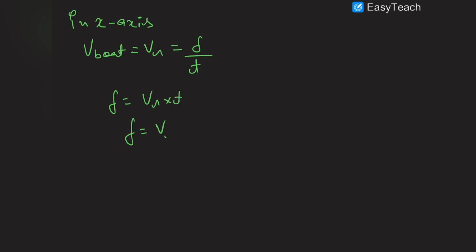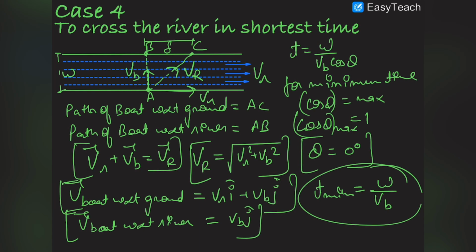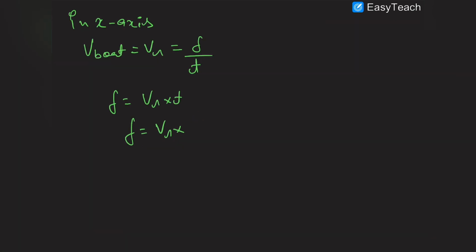So in the x-axis, the velocity of the boat is equal to the velocity of river, and it equals the drift upon the time taken to cross the river. So drift would be equal to Vr into T, so del is Vr into T. T is W upon Vb, so del is equal to Vr into W by Vb.